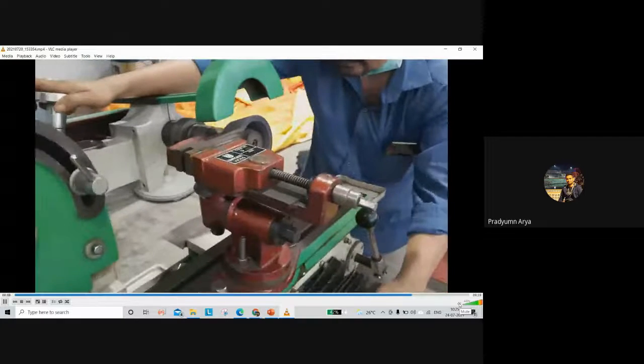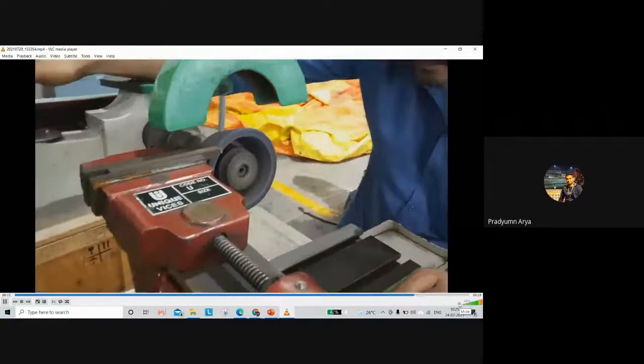So again, we can set this angle with the help of the angle wheel, and you can now see the process.